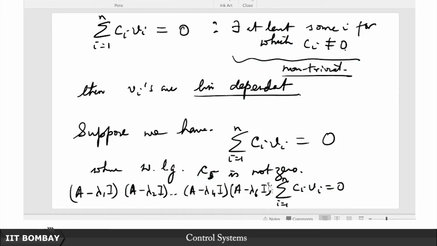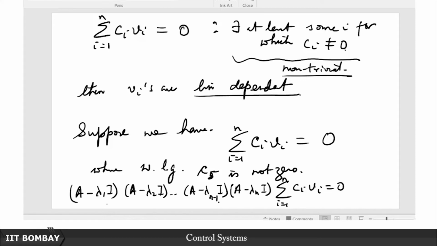When I act with this product of these n minus 1 matrices, so let me see the last one, I have probably made a mistake here, this is n, this is n minus 1.